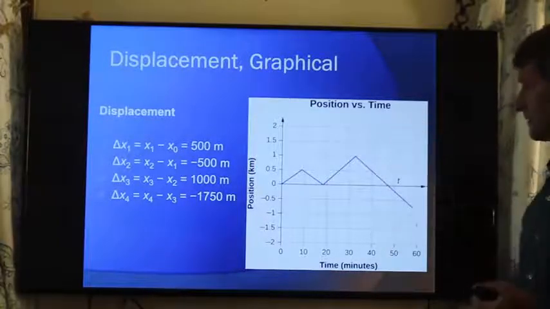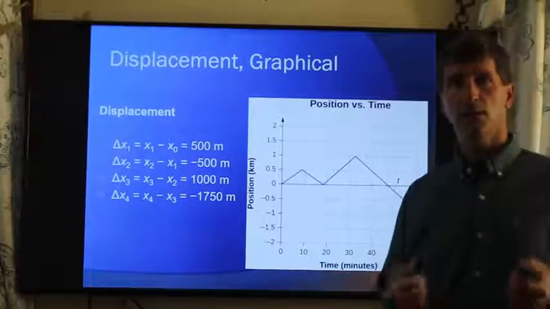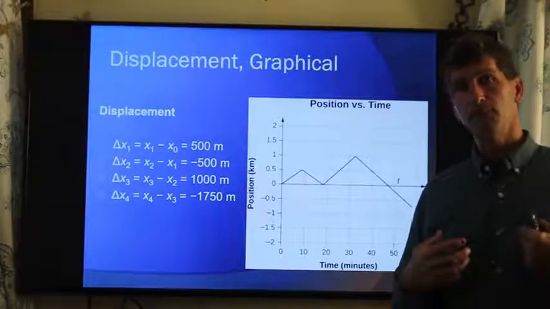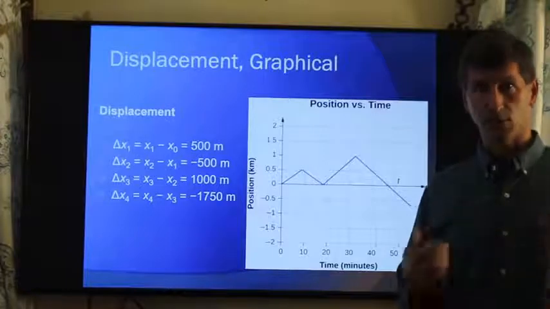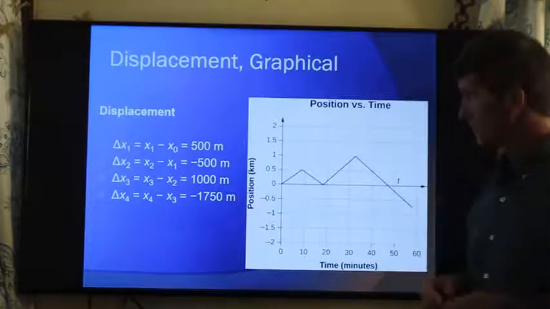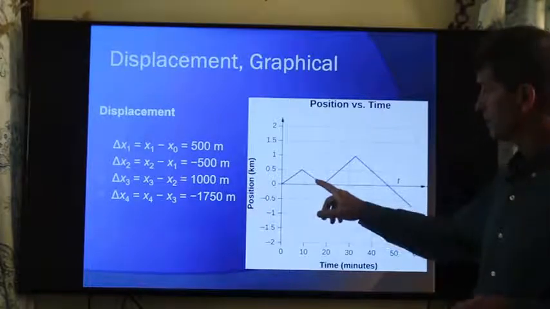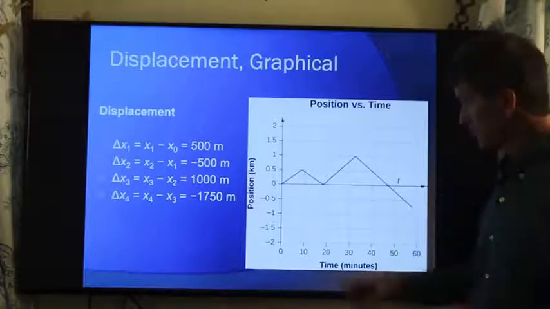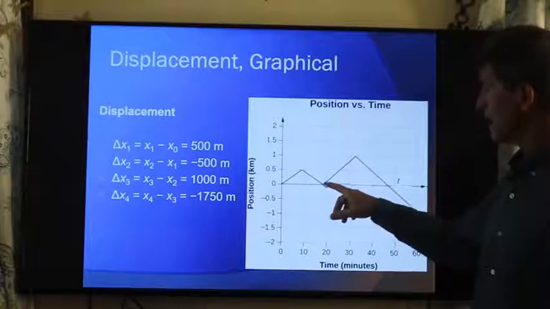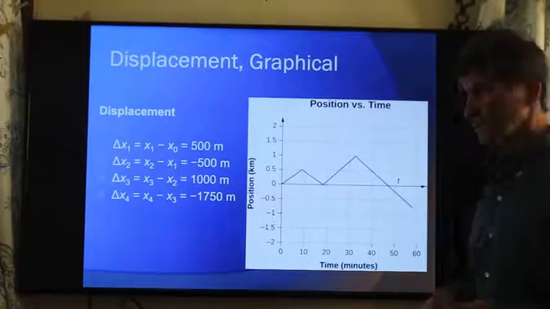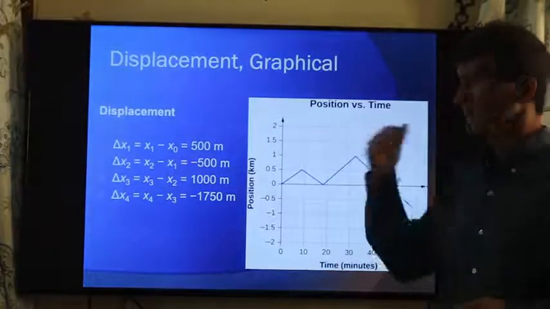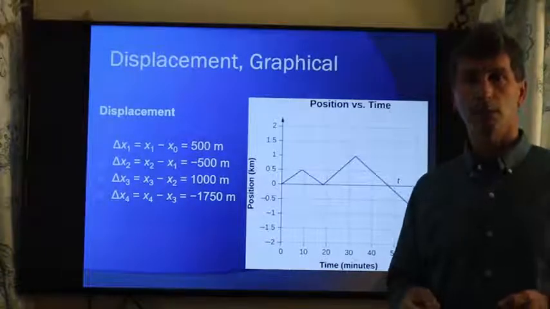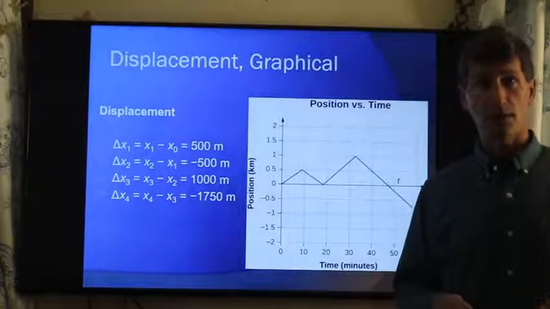Graphing position as a function of time is very important because it allows us to see the rate at which this change is taking place. Notice that the uphill here and the downhill here, what we call slope, was pretty gradual. Maybe a little bit steeper here and a little bit steeper here. That rate of change will be very important later on when we talk about velocity.